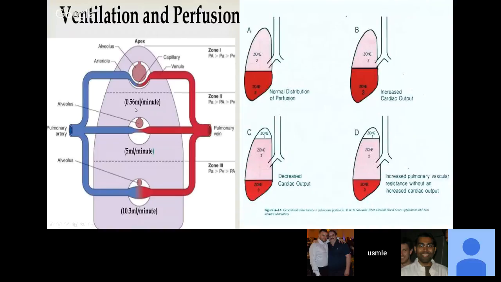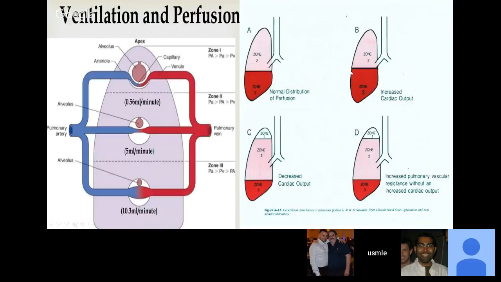But remember that below, going closer to the base, the flow will be 5 milliliters per minute. Going towards the apex, the flow will be 0.56 per minute. And in the base, the flow will be 10 milliliters per minute. So now, the normal distribution of the perfusion will be like this. That is the normal situation.